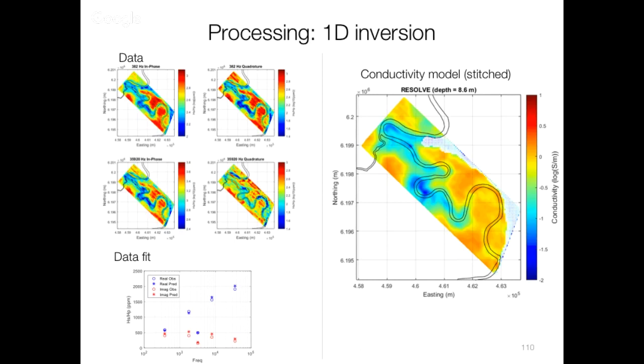So the blue is the observed and predicted for the real. Okay, so that's pretty good. And a little bit up there, right? And the red is the observed and predicted for the imaginary component. Yes. So you inverted all the components simultaneously? All frequencies simultaneously, yeah.